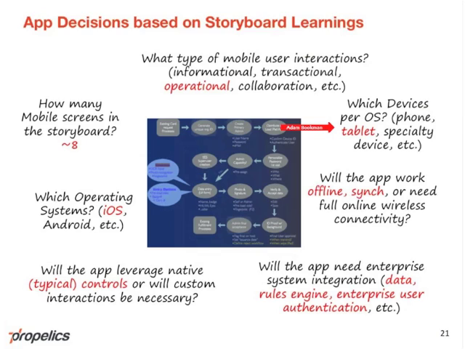It lends itself to a tablet. It looks like there will be some offline, so we want to be able to do these signature captures and photo captures and everything and then sync it back to a server. We'll probably need some enterprise data. We will want a rules engine as to what information we do and don't need, what's required back into the system, and we're going to need to authenticate.